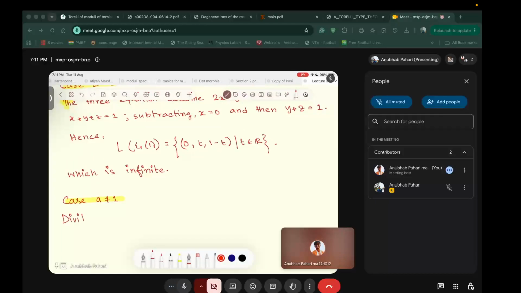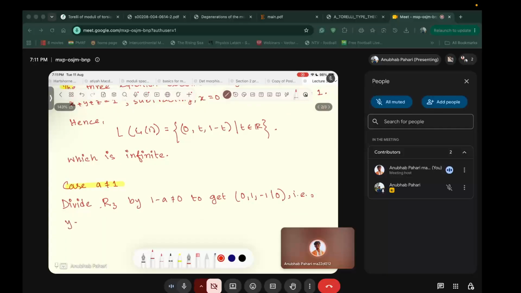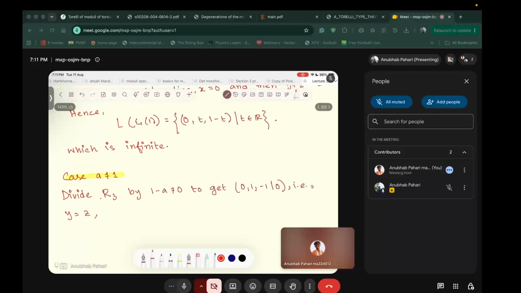Divide R3 by 1 minus a, not equal to 0, to get 0, 1, minus 1, 0, that is y equals z, and interchange it with R2.